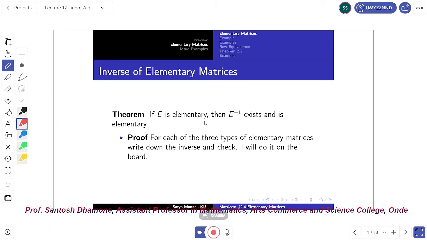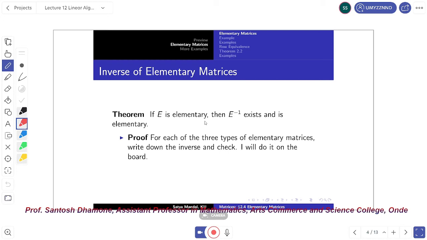E inverse is equal to minus, into the matrix [1 0; 0 -1/2].